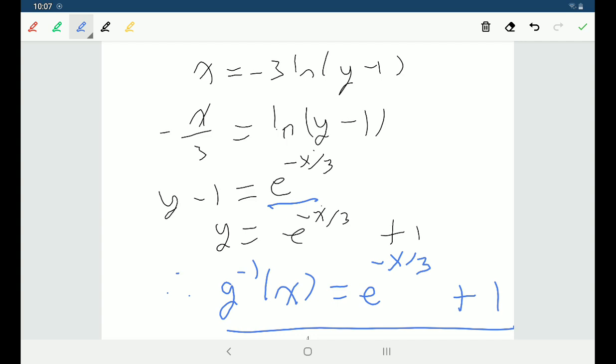So e to the power of, and the input for e to the power of will be the same thing as the output for natural log. For the exponential function, the output, y minus 1, was the input of the natural log. Remember, inverses, they switch inputs and outputs. Once I'm at that point, it's easy enough to solve for y just by moving the -1 to the other side to become a positive 1. And now that I've solved for y, there we go, that's g inverse.